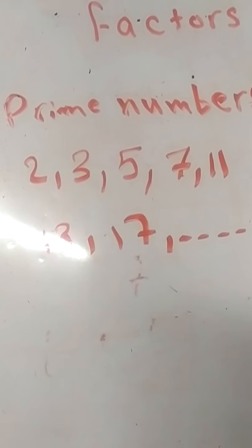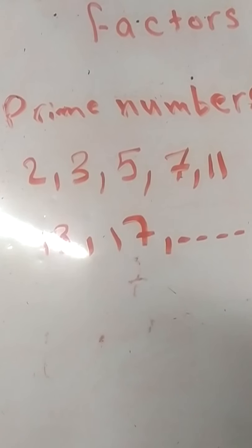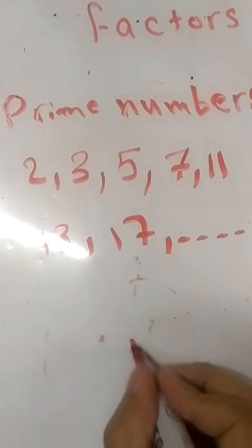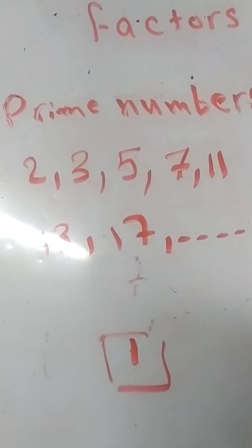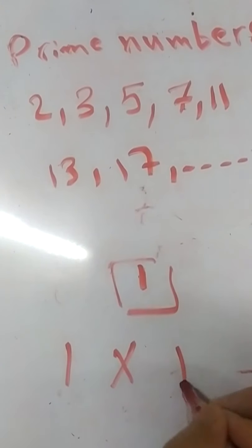So again, the prime number is the number that is only divisible by 1 and itself, the number that has only two factors. Mister, but you didn't write 1 here. Is 1 prime or not? Let's discuss it together. If you want to get the factors of 1, what are the factors of 1? It's only 1 multiplied by 1 itself.